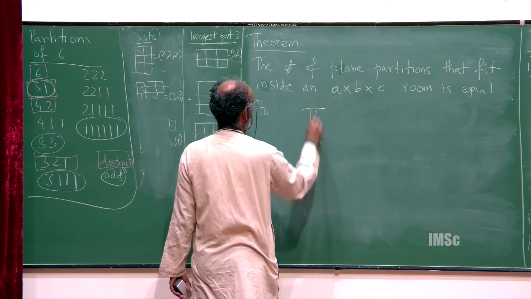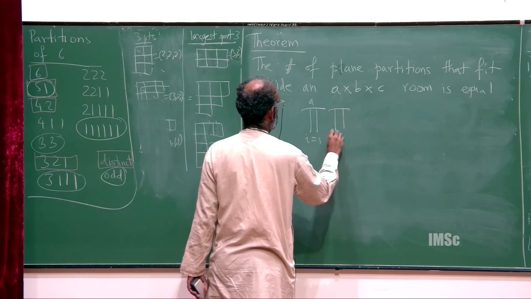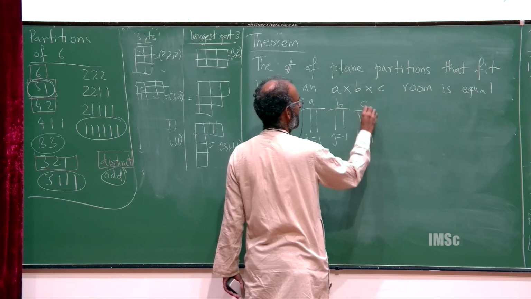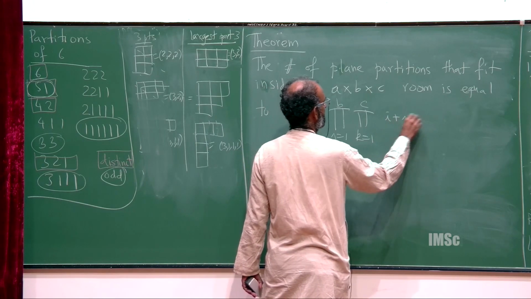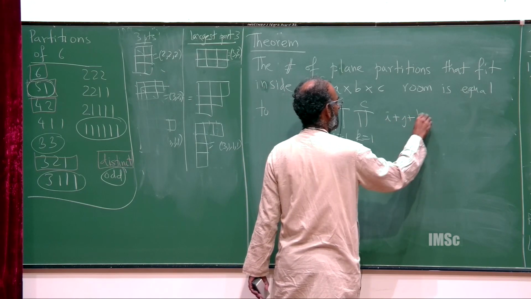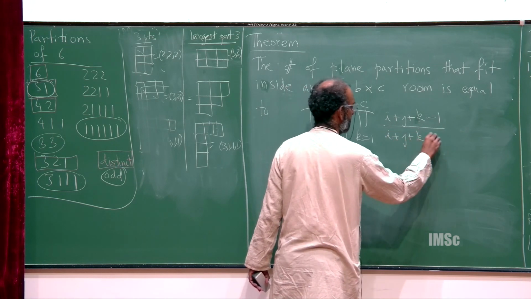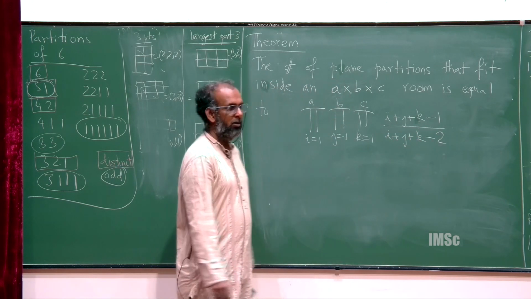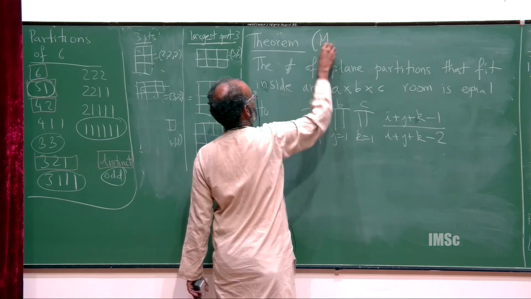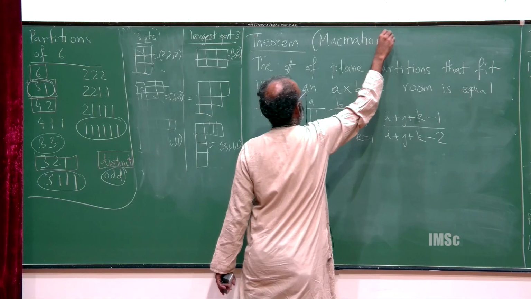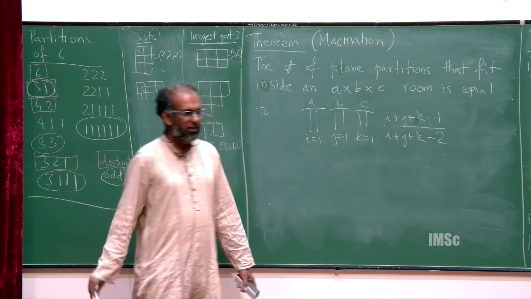Product i equals 1 to A, product j equals 1 to B, product k equals 1 to C, of (i plus j plus k minus 1) divided by (i plus j plus k minus 2). And this is a theorem due to MacMahon from the 1910s, I think.